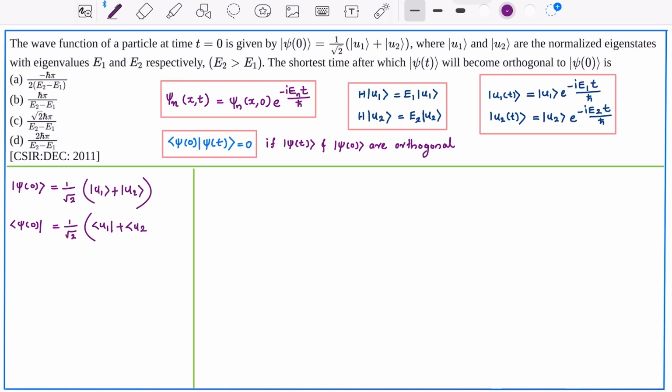Now let us check whether the given wave function psi of 0 is normalized or not. For that purpose, let us take the inner product of psi of 0 with itself.